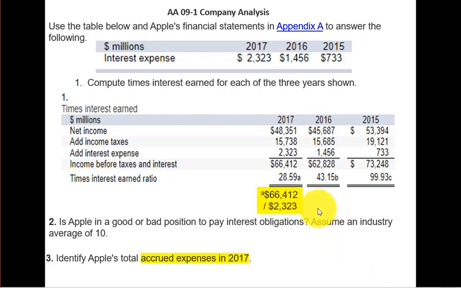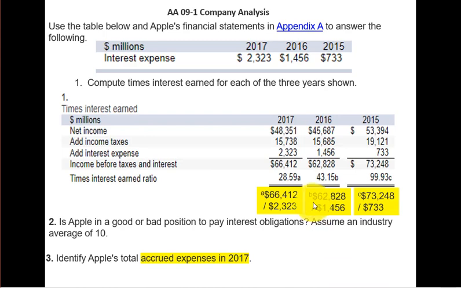So for year 2017, it's 66,412 divided by 2323, and then for year 2016, it's 62,828 divided by 1456, and then for year 15, it's 73,248 divided by 733, and when you do all that, you'll come up with a times interest earned of whatever it comes out to be.